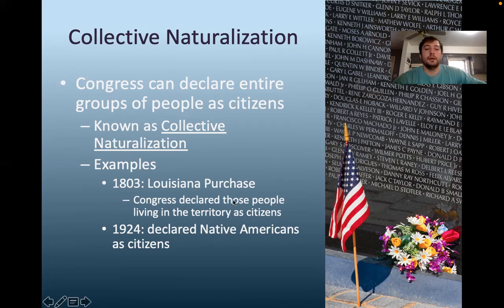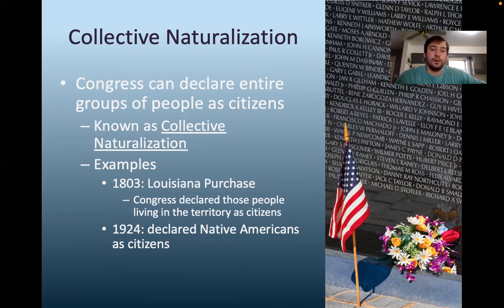All right. In 1924, Native Americans were declared citizens, because there were so many problems that occurred with Native Americans being excluded from citizenship of the U.S. And eventually in 1924, we decided that all Native Americans are US citizens. And this is kind of us, I wouldn't say righting a wrong, because a lot of wrong things occurred.